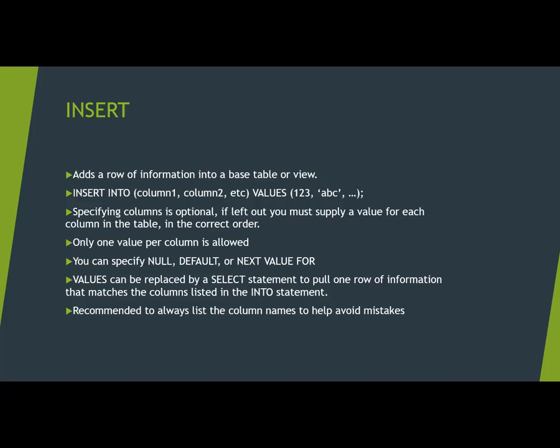And I already mentioned that the values could be a subquery, so you can use a select statement. The select statement, though, only needs to return one value, typically, anyway.